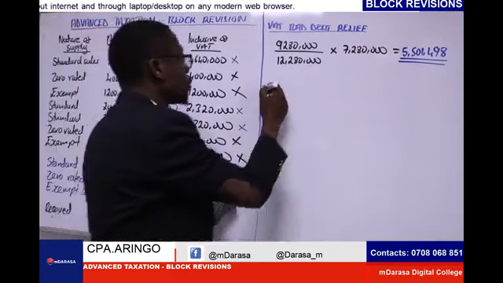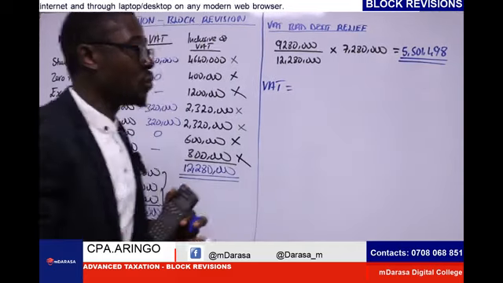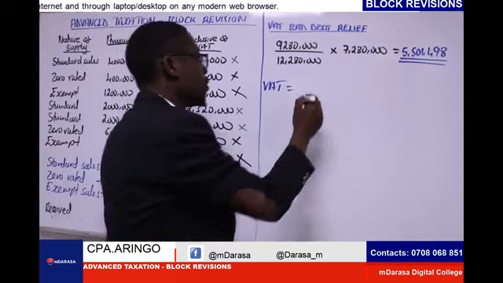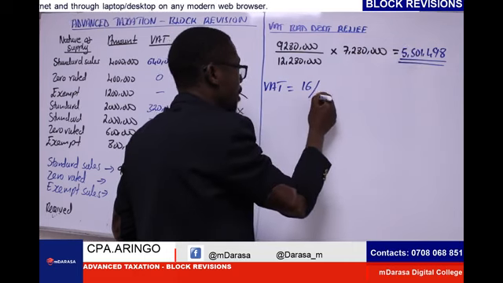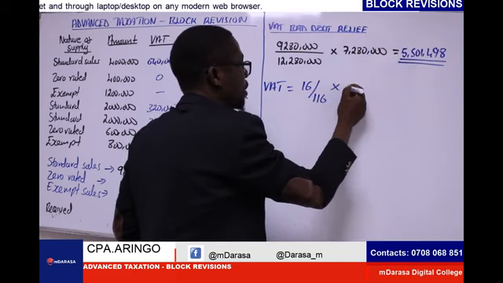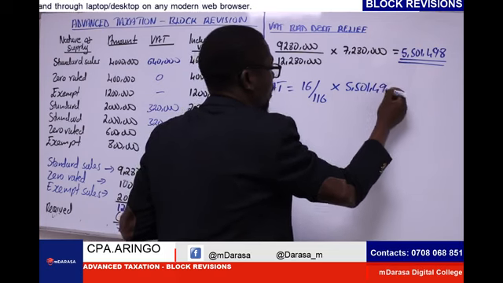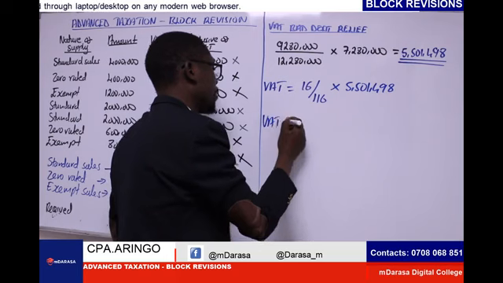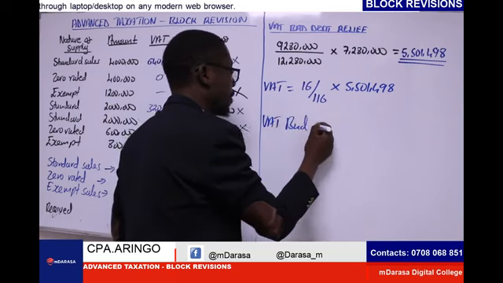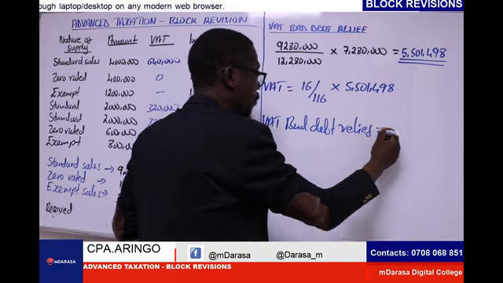Then, what was the VAT on the value? So the VAT on the value will be, because this is inclusive of VAT, 16 of 116 times 5,501,498,000. So that we can agree that therefore my VAT bad debt relief, the one that I can claim as a relief, will be how much?